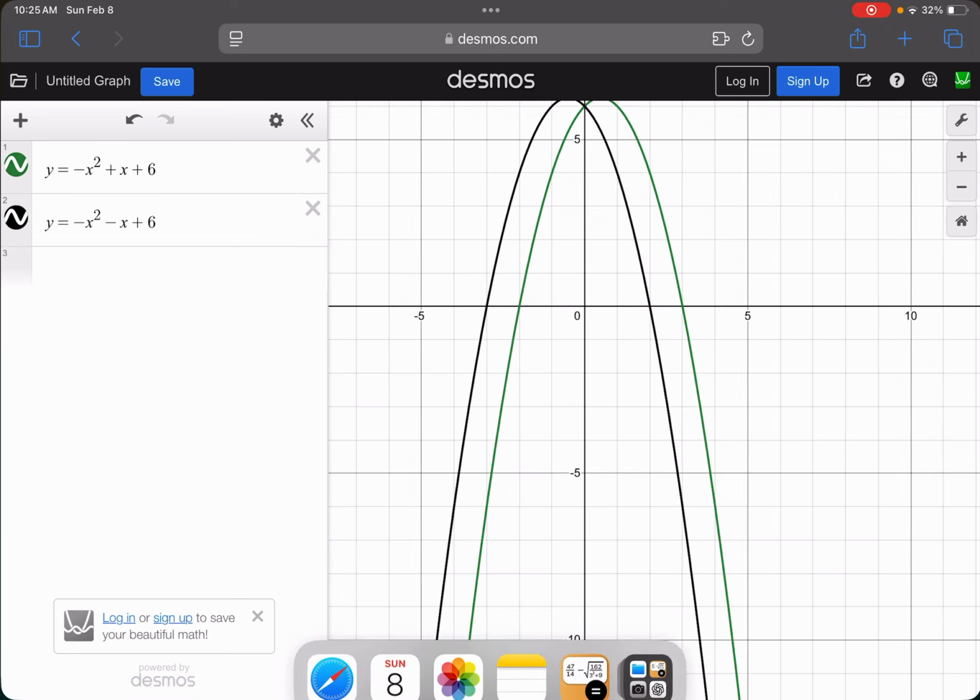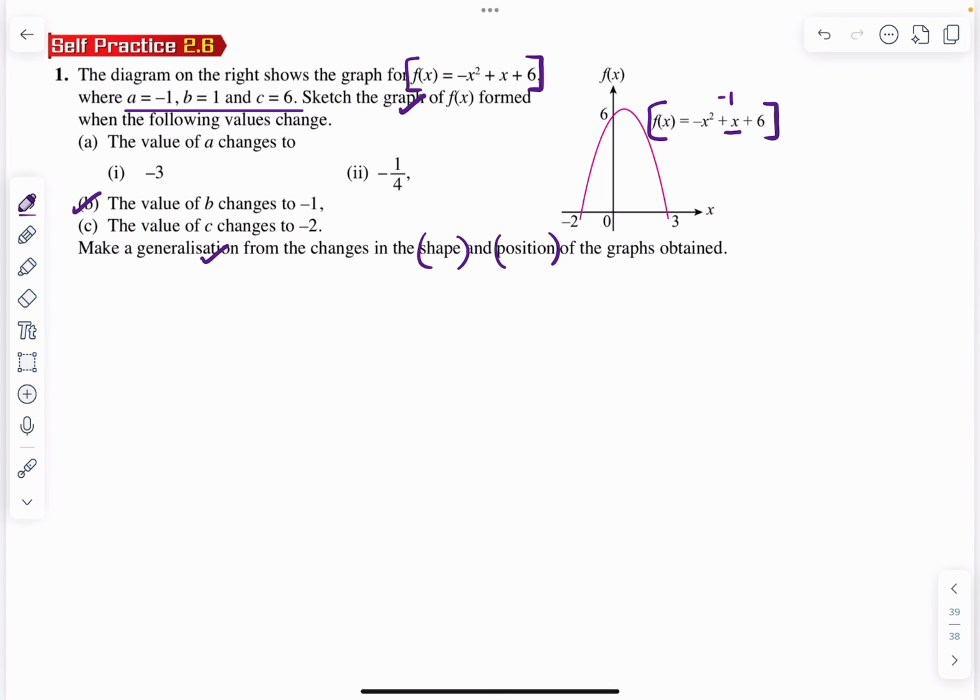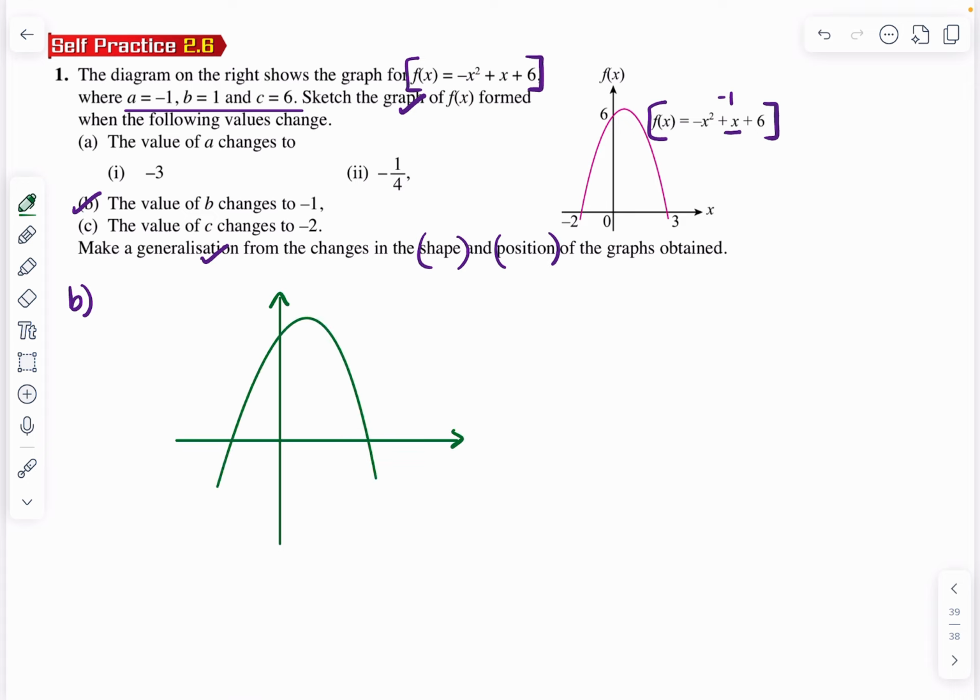So for B, the original graph is still drawn in green, so it's easier to understand. Our original graph is something like this, and our new graph, we use purple and dotted.